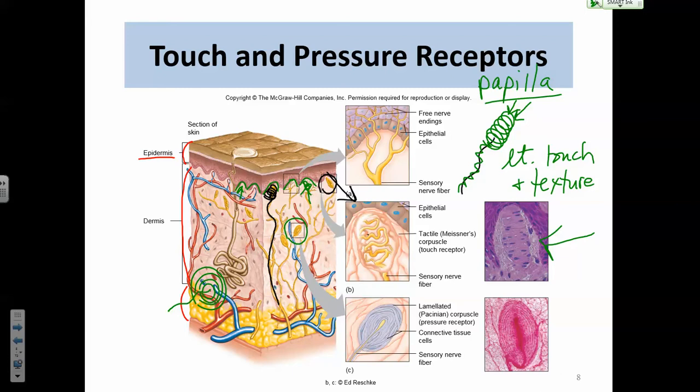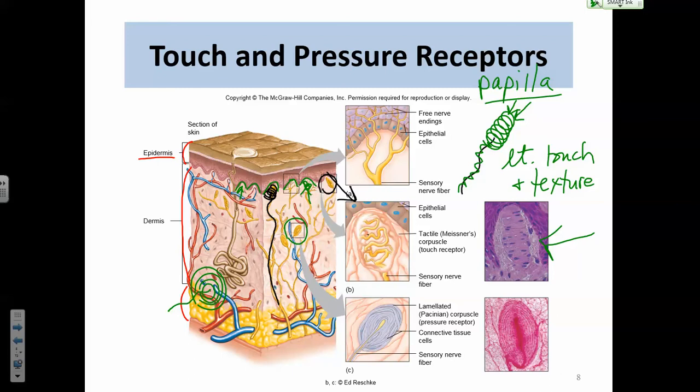So when you have a blood pressure cuff on your arm and you feel that pressure, it's activating Pacinian corpuscles. This sounds silly, but you ever noticed when food is in your mouth, you actually can feel the food touching the wall of the inside of your mouth, the wall of your cheeks.